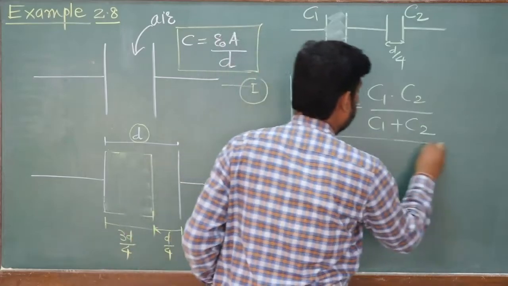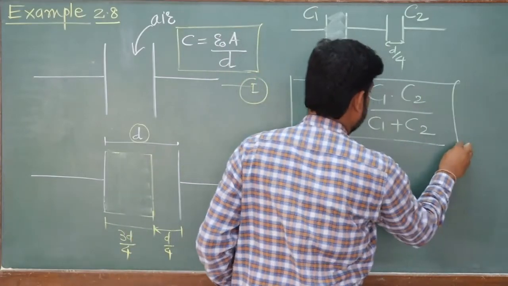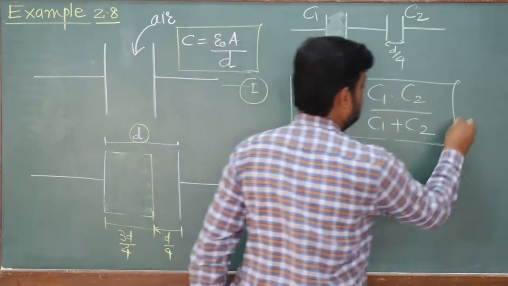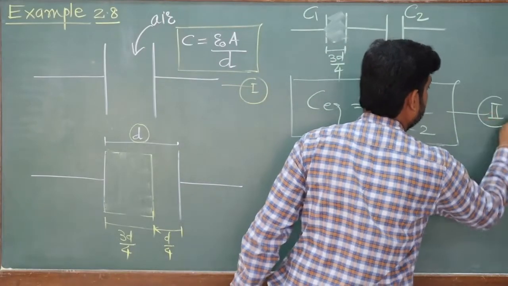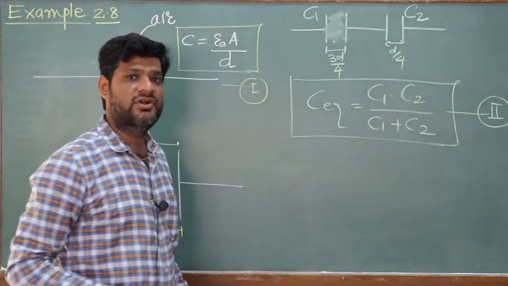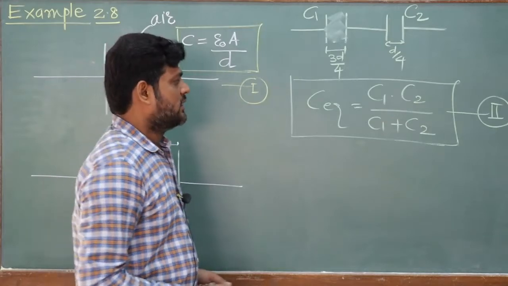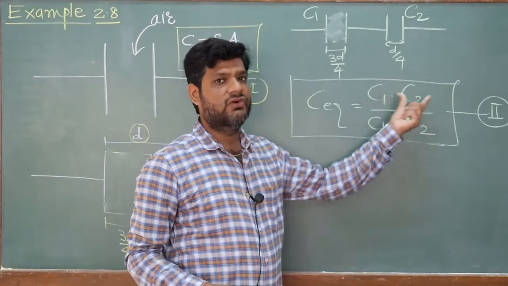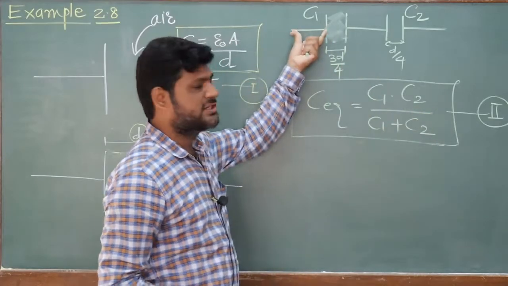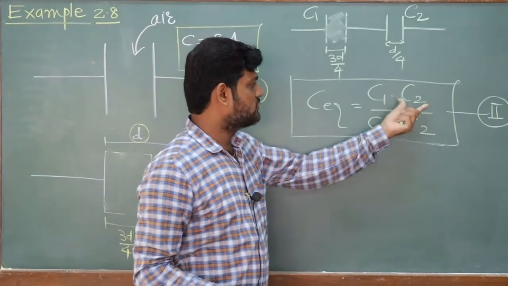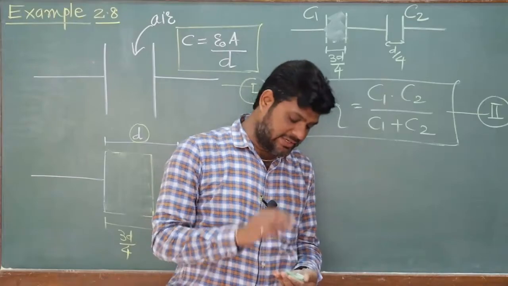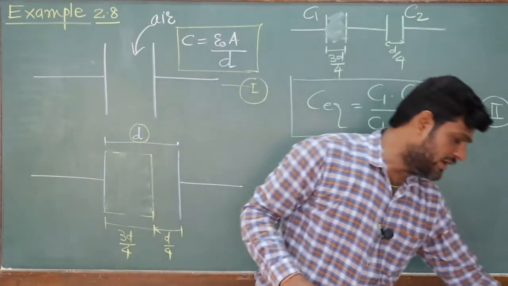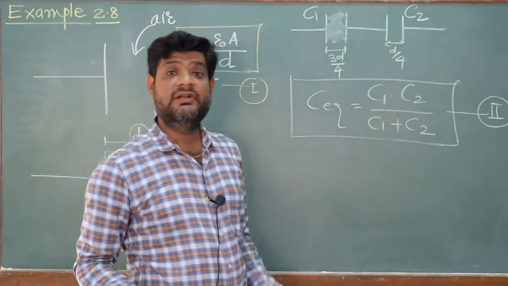This is our important equation, equation number 2. Very important equation. Now we are going to find C1 and C2, the capacitances of the first and second capacitors. We are going to obtain the values of C1 and C2.